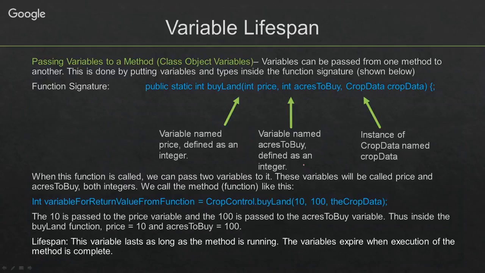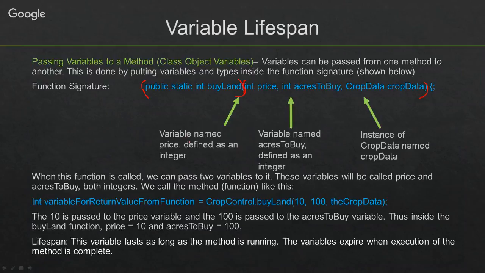Right. So the variable lifespan, as he mentioned, can be passed from one method to another, and that's done by putting the variables and types inside the function signature. So here is our function signature right here, and we can add variables into here inside these other parentheses.